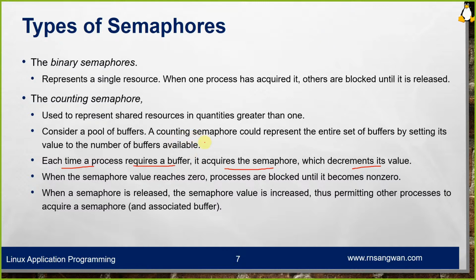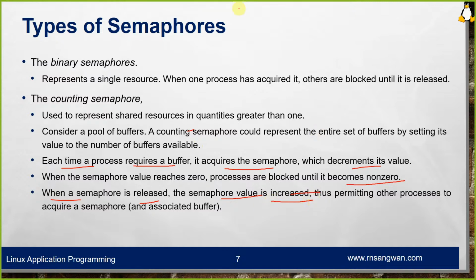When the semaphore value reaches 0, the processes are blocked until it becomes non-zero, meaning it is available again. The way we understood binary semaphores with animation, we'll understand these also with animation. When a semaphore is released, the semaphore value is increased.